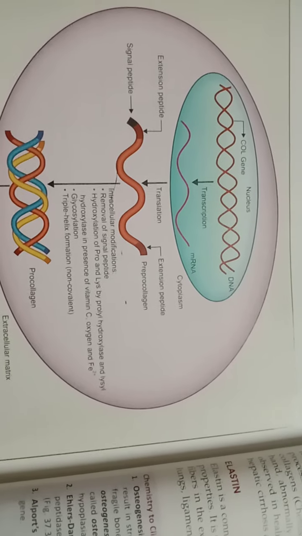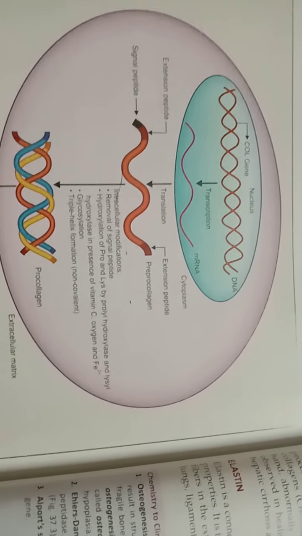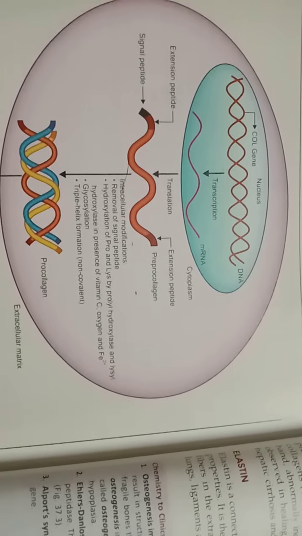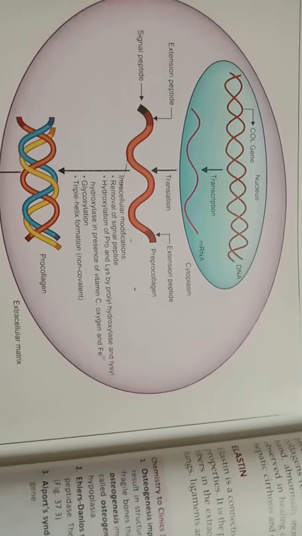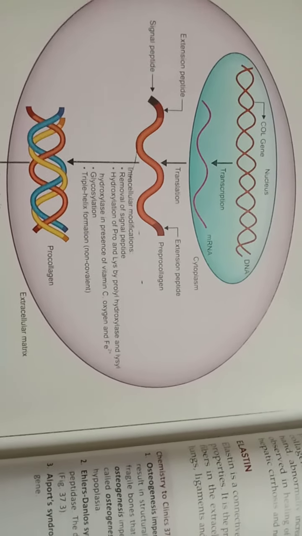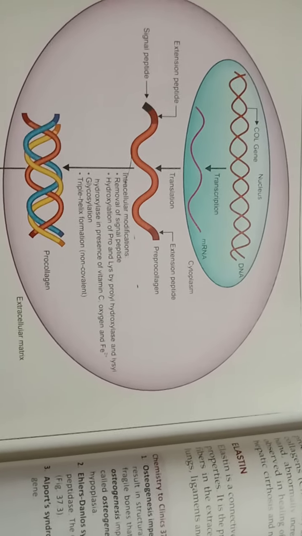And in the cytoplasm there are translational machineries, or you can say translational components. These translational components will combine with the messenger RNA, and they will be responsible for the formation of the proteins regarding collagen.